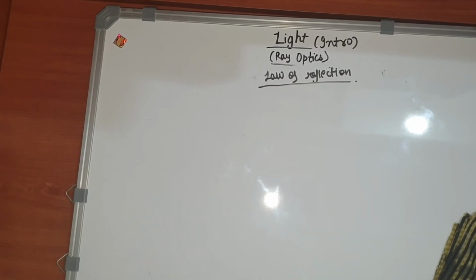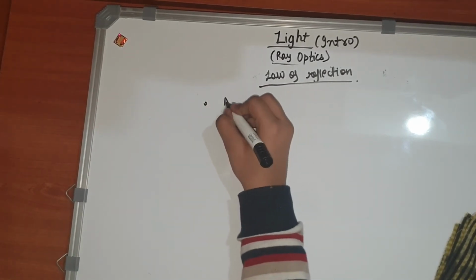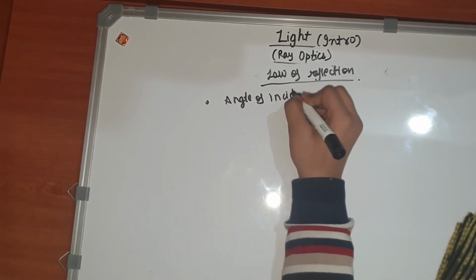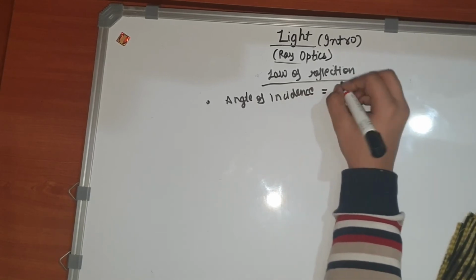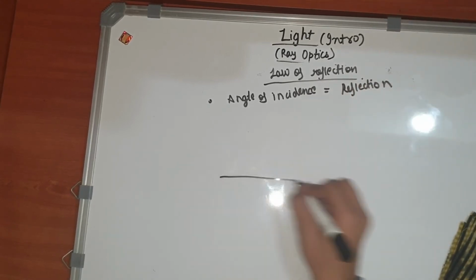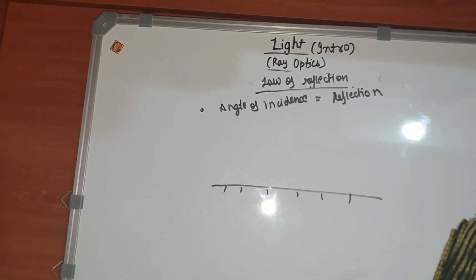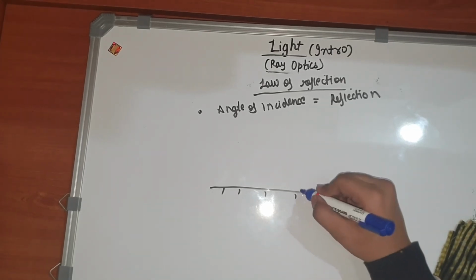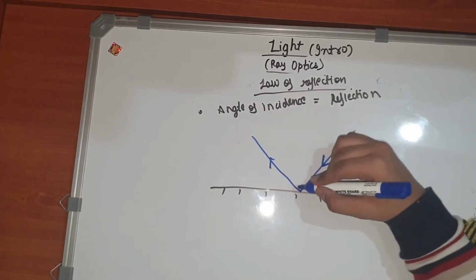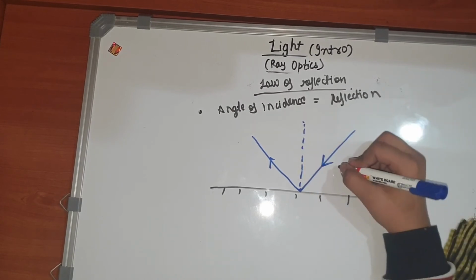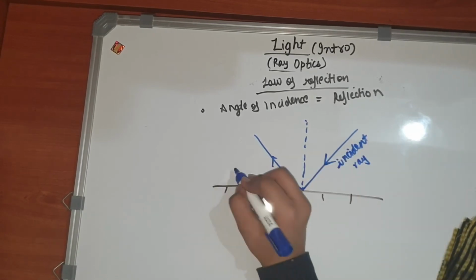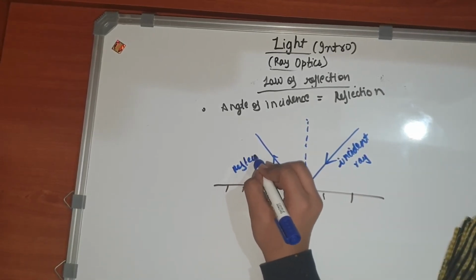The next law states that the angle of incidence is equal to the angle of reflection. So this is a plane mirror, and this is an incident ray striking the plane mirror, and this is the reflected ray, and this is the normal.